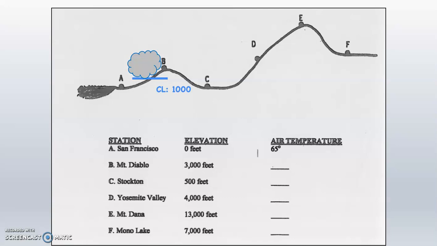Then the air is going to continue to rise up along the Sierra Nevada, and as it does at 3,000 feet, it reaches this new condensation level, which means we switch rates again. It's going to continue up to the top of Mount Dana and then descend into Mono Lake area.